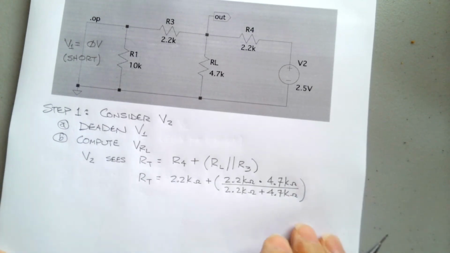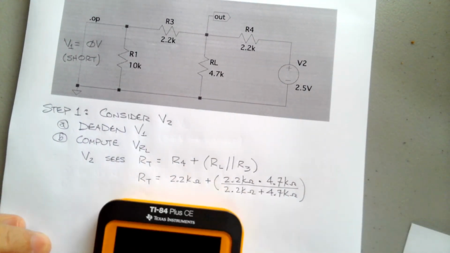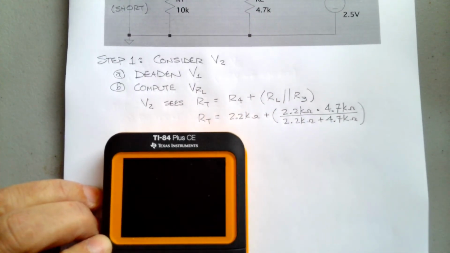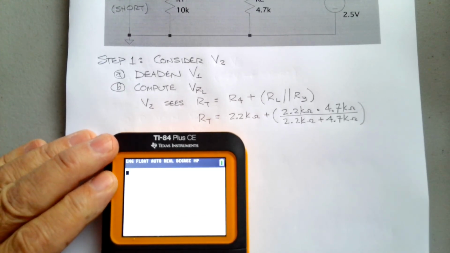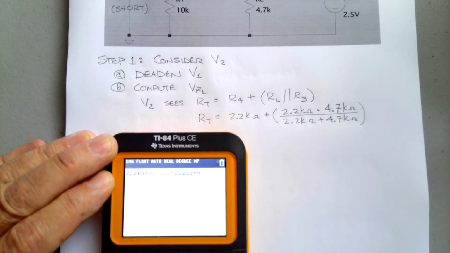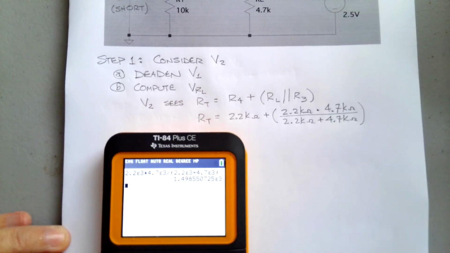Now from previous problems, well, we can just do this to prove it. 2.2 k times 4.7 k divided by 2.2 k plus 4.7 k, and I get a number that's very close to 1.5 k.